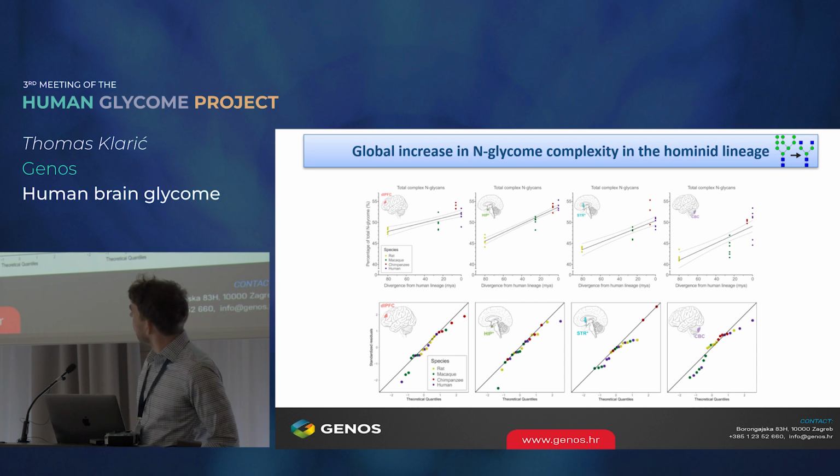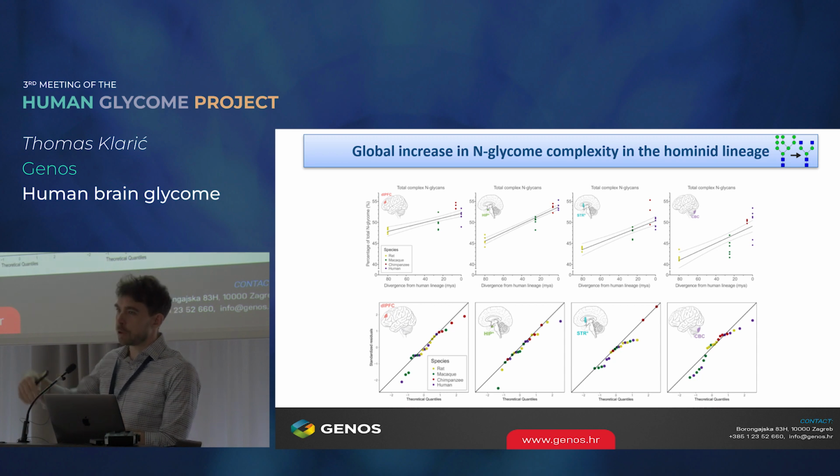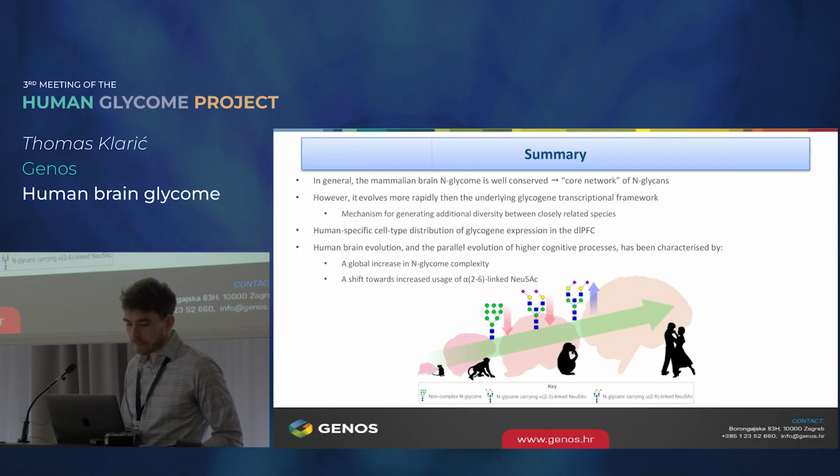And when we investigated the rate of change for this, it seems that it's been a gradual process. None of the changes deviated too much from the expected rate given the evolutionary distance between the organisms. So there haven't been, in other words, many jumps in any species. It's been a gradual process throughout evolution.